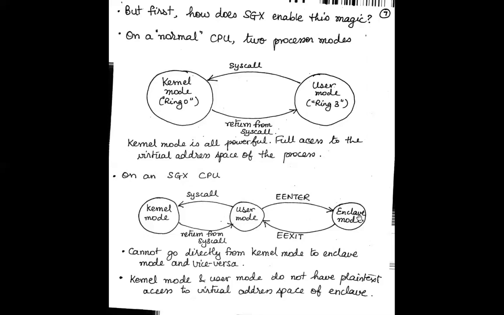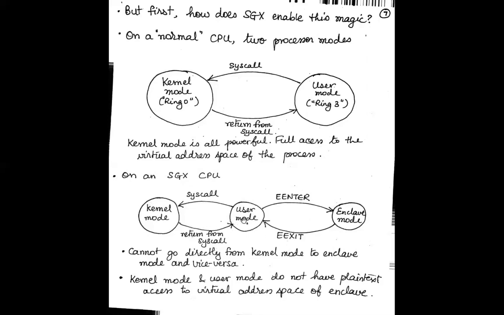Now, to enter the enclave mode, the hardware provides a new instruction called EENTER. So if you're in user mode and you execute the EENTER instruction, you enter the enclave mode of the processor. You enter a pre-created enclave at a fixed entry point, and EEXIT executed in enclave mode goes back to user mode. You cannot execute EENTER in kernel mode, and you cannot execute EEXIT in user mode.